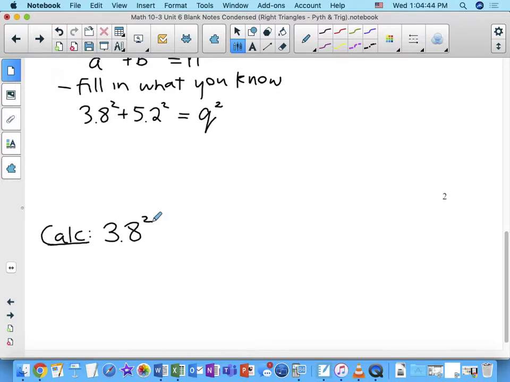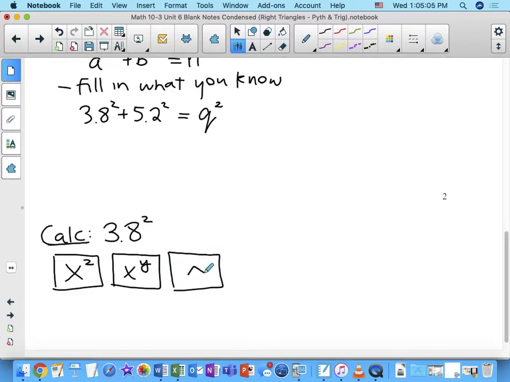You might see a button that looks like this. You might see a button that looks like this. Or sometimes it's y to the x instead of x to the y. It's the same thing though. Or you might see a button that looks like this. And in fact, you should see one of these two, one of the last two. You may not see the first one. Okay? So you need to take out your calculators and make sure that you can find that button.